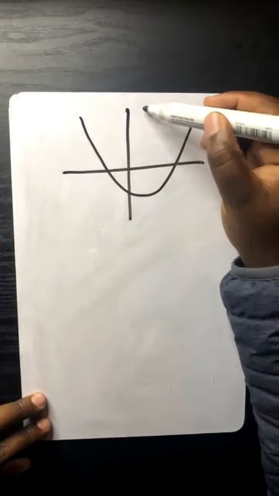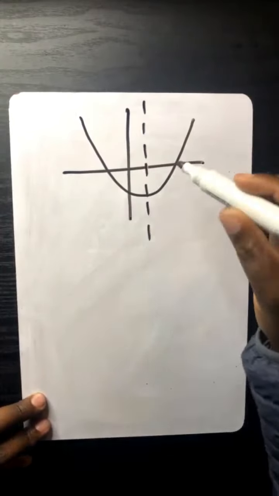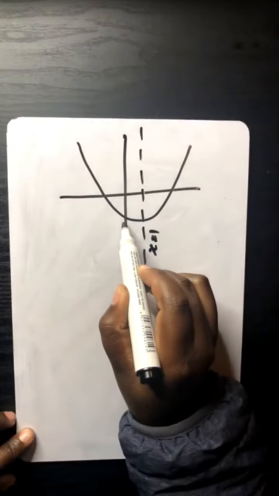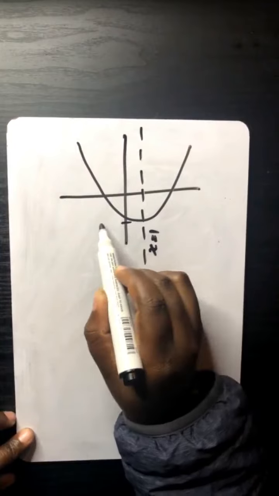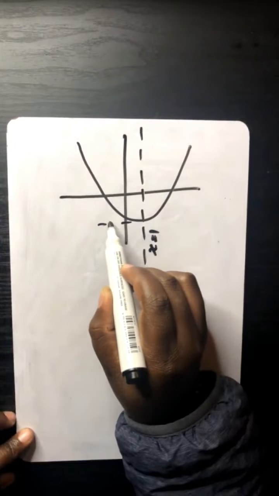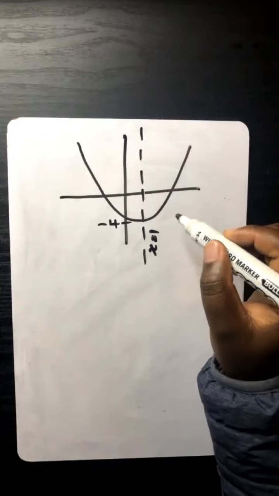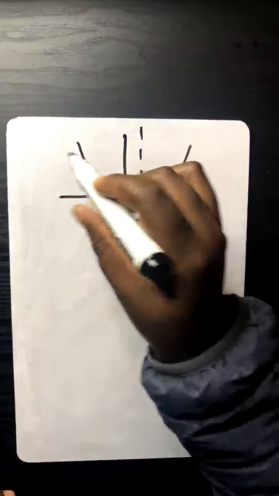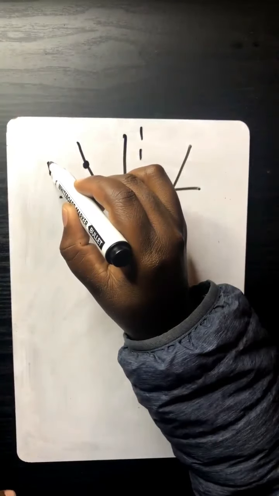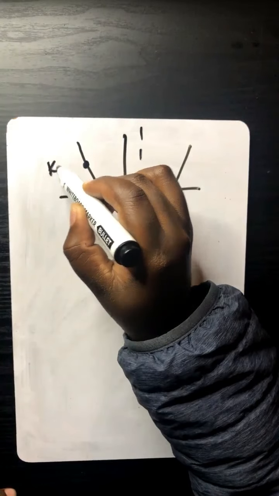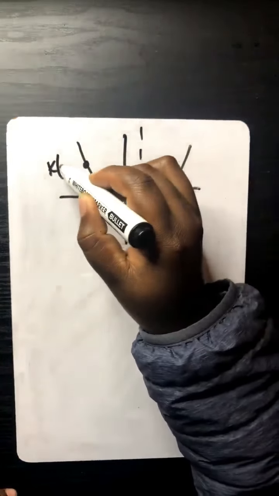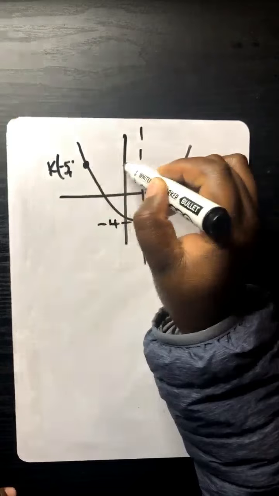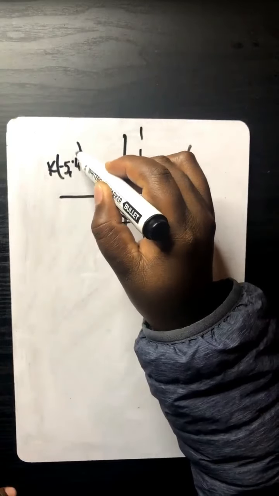We've got x equals 1 given, and again we are given negative 4, and let's say they give us that point there, point K, where x is negative 5 and y is 4.